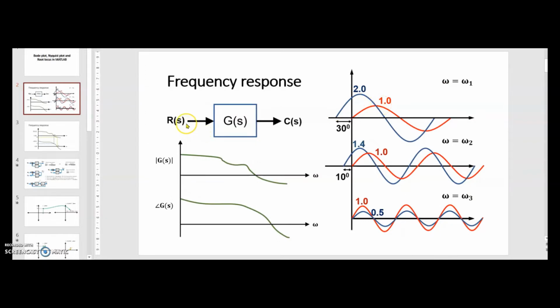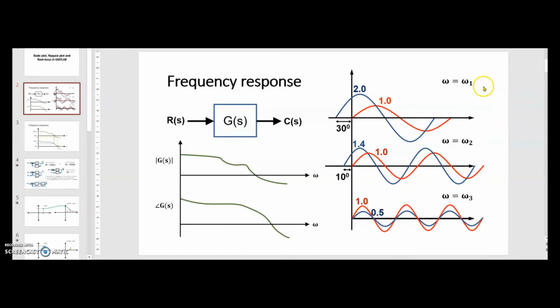Similarly, we now increase the frequency of the input, let us say to omega 2, and we do the same procedure again. We check the gain of the system, so it will now be 1.4 and the phase of the system will be 10 degrees. Now at omega equal to omega 3, we are getting a gain of 0.5 and the phase is 0 degrees.